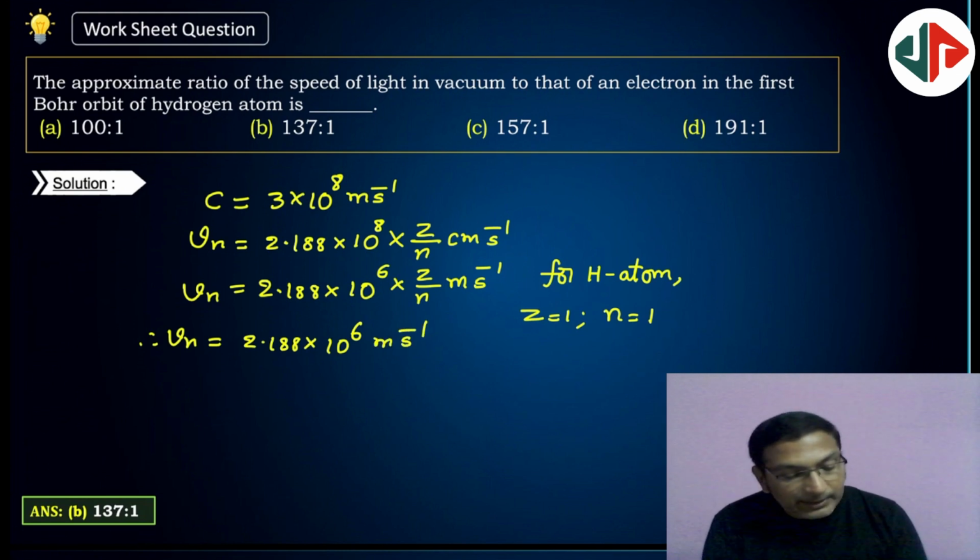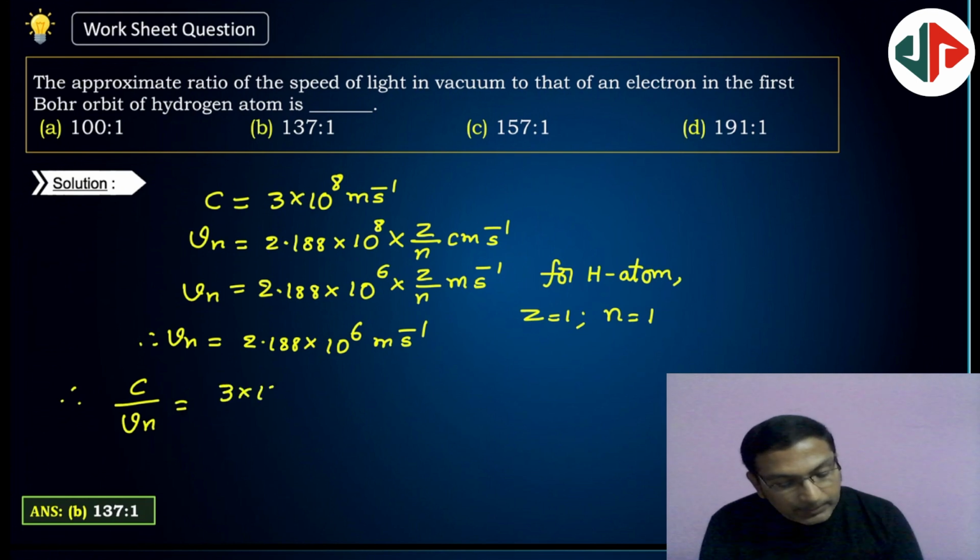So here we have to calculate the ratio between these two. Velocity of light in vacuum to that of velocity of electron in nth orbit, that is 3 into 10 power 8 meters per second divided by 2.188 into 10 power 6 meters per second.